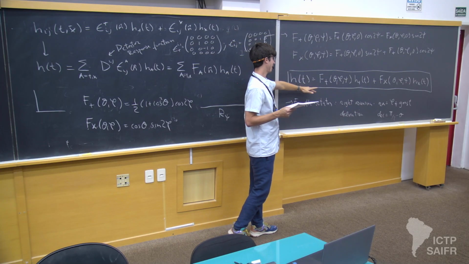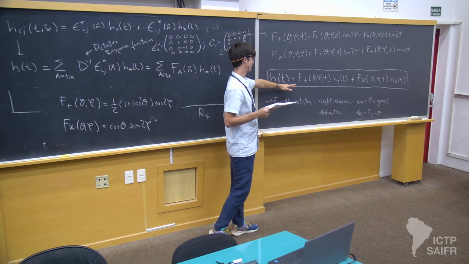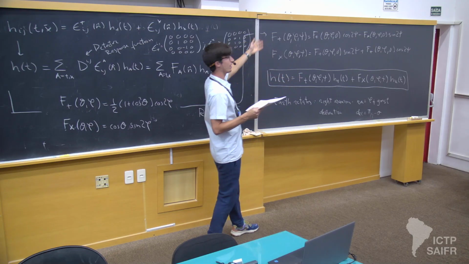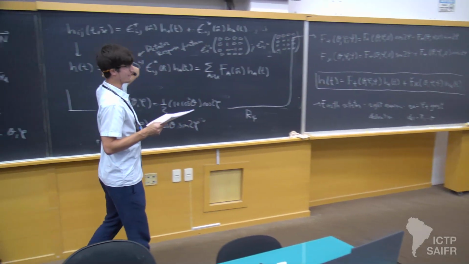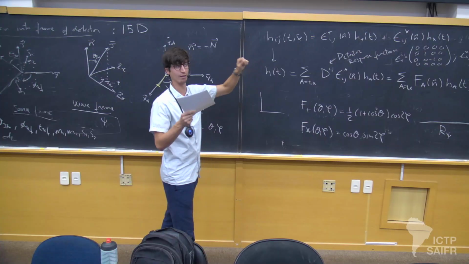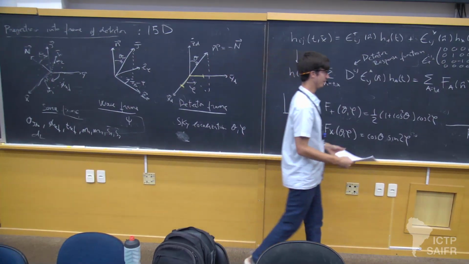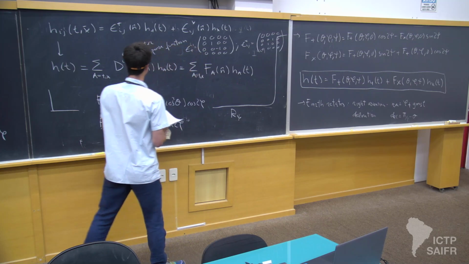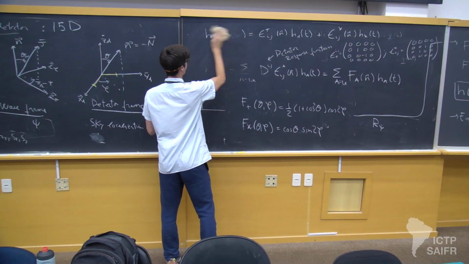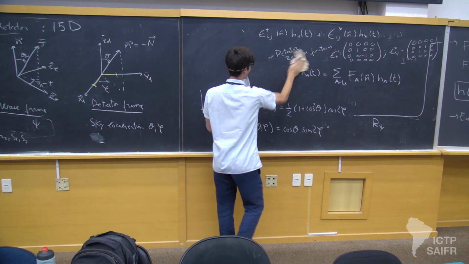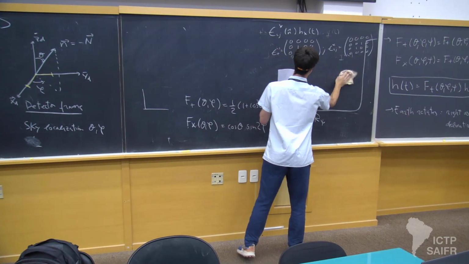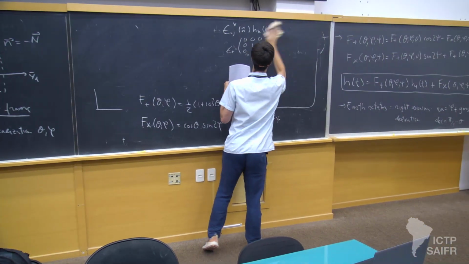To get the sky localization, we need to take into account the time at which the signals arrive. And this is something that I mentioned in the colloquium, but we can give a bit more detail.